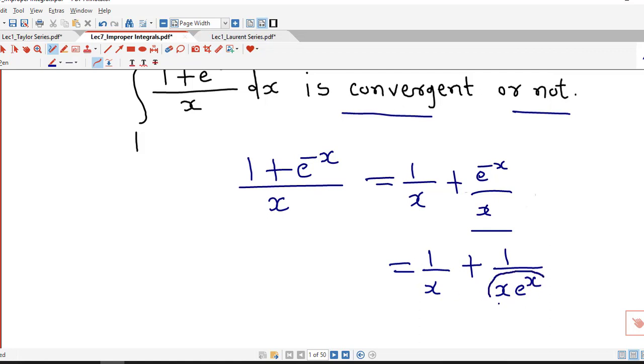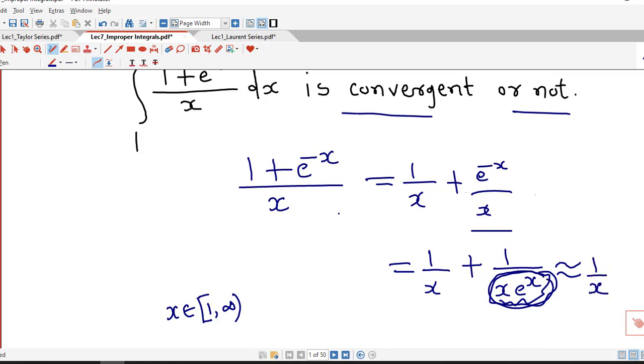Here x is running from 1 to infinity, the domain of the integral. As x is going bigger and bigger, this term x into e raised to x is also going to be very large. So 1 over x e raised to x is approaching 0 as x tends to infinity.